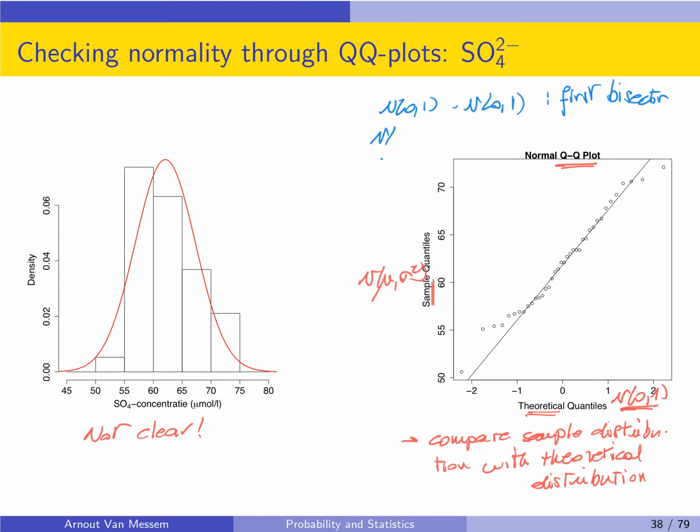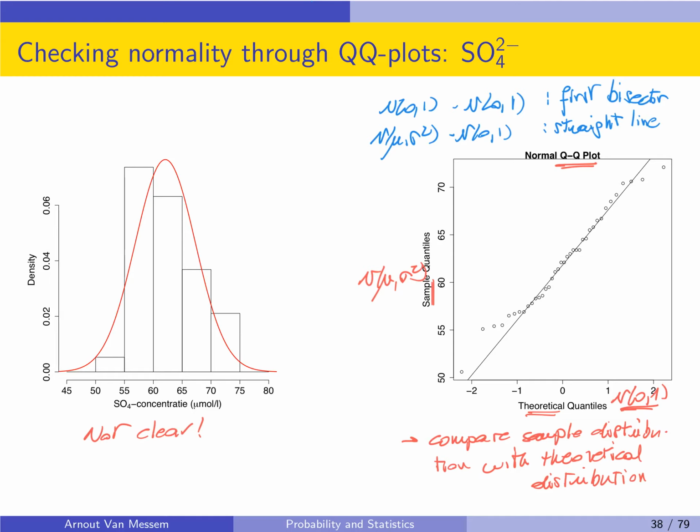If you are comparing your theoretical standard normal distribution with any other normal distribution, then you are only looking if they are on a line. Why does it still hold that they are on a line? Because again of the linear transformation property. Since you can bring back any normal distribution to a standard normal distribution, the sample quantiles will not be exactly the same, but if you plot the dots, they will still be on a straight line.